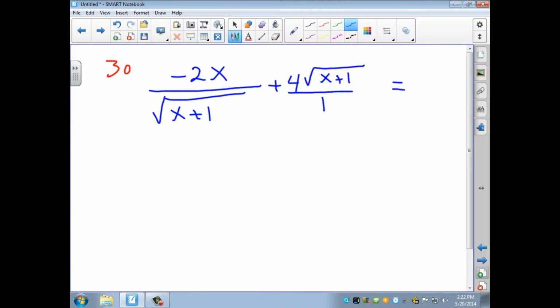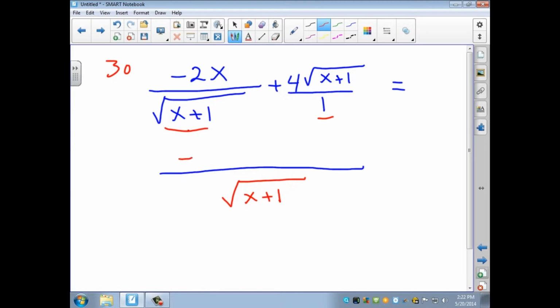Now you can take the common denominator between the two expressions. Between square root of h plus 1 and 1, the least common denominator is the square root of h plus 1. That square root of h plus 1 divided by the first one would be 1. 1 multiplied by minus 2h is minus 2h. Plus.